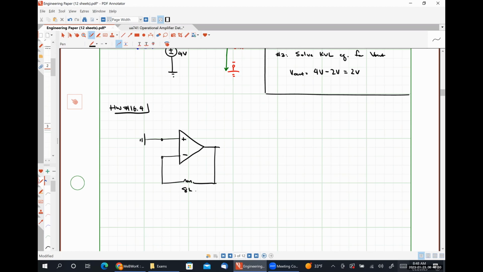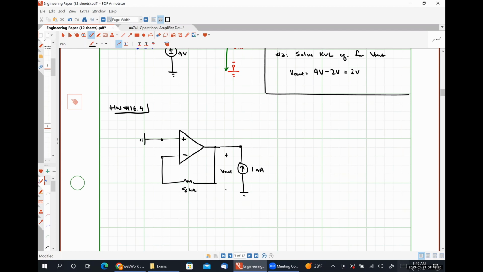Let's call it 8 kilo ohms connected between our inverting input terminal and our output terminal. Connected to our output terminal is a current source. Let's call this 1 milliamp. And we're trying to find the voltage present at our output terminal, Vout.